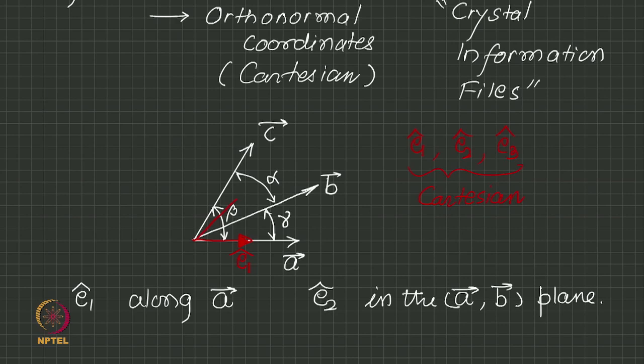Let us say that that is E2 in the AB plane. Then we have no choice left for E3, because that will be defined by the cross product of E1 and E2 and will be mutually orthogonal to both. So, E3 will take its own direction.